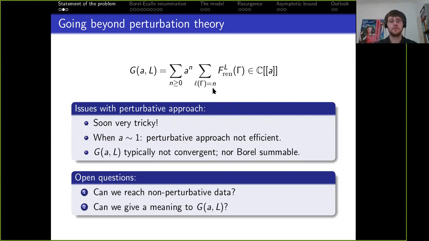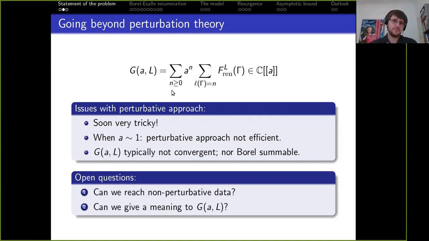Another problem, which for me is more philosophical, is that this perturbation series is not convergent. It's also, we will see in a moment, typically not Borel summable. And so it's a bit unpleasant philosophically speaking, because if this object you try to compute, you like to see as having some nice physical meaning, I'd also like to have it as a nice mathematical object, a function, and not a formal series which I cannot evaluate at any place but 0.